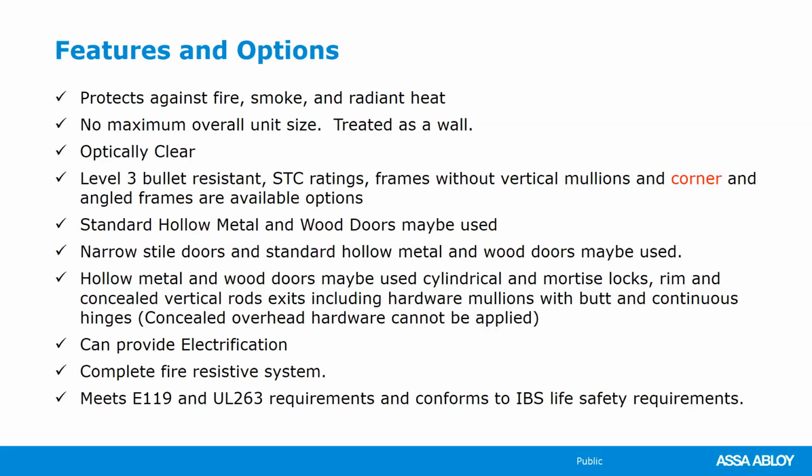There may be some overhead stops that you could use. If you have access control, electrification can be provided. And of course, it meets the requirements for UL 263 and ASTM E119.